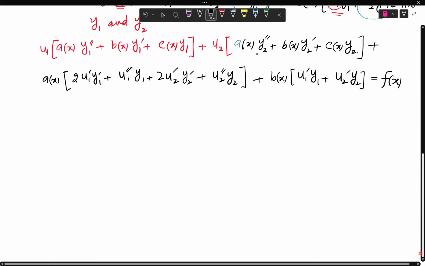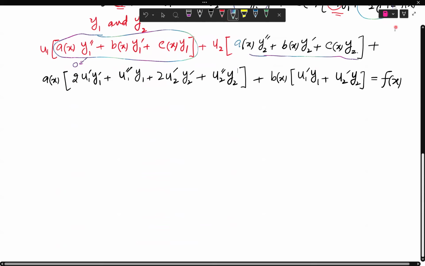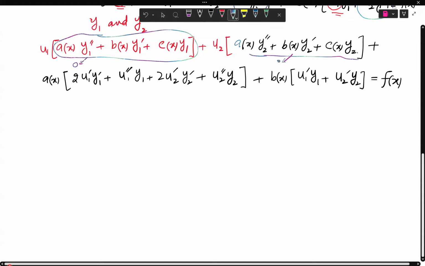These are the solutions of the homogeneous differential equation. Therefore, they will be set to 0. So this part will vanish, and also this part is going to vanish. Okay, so these will vanish, and we are then left with these terms.